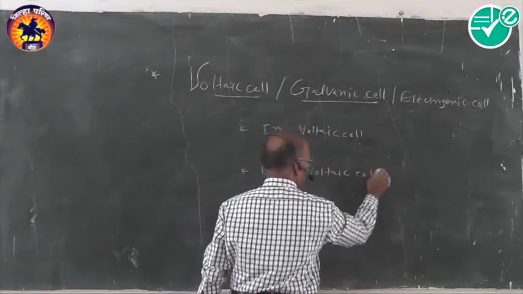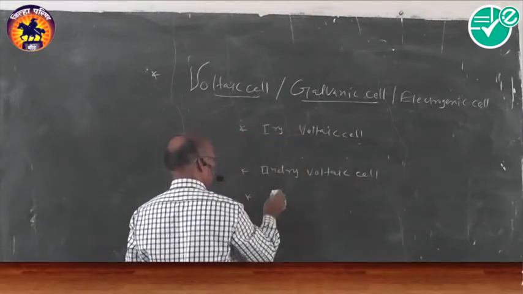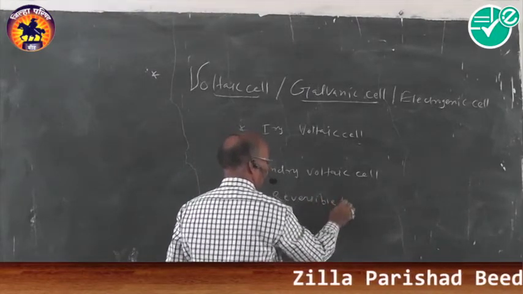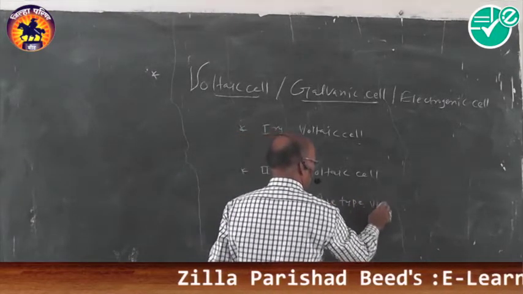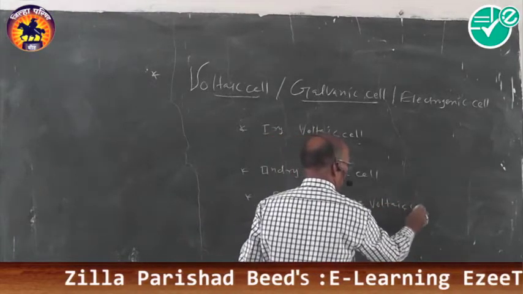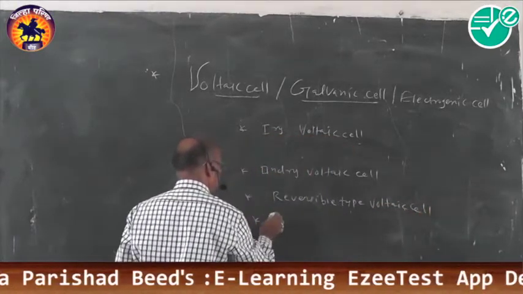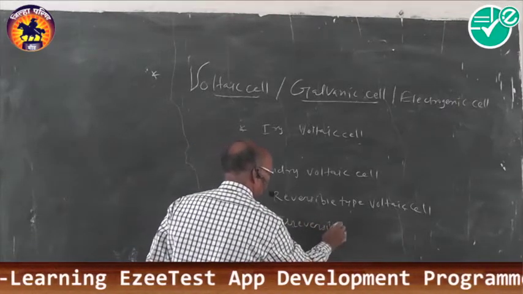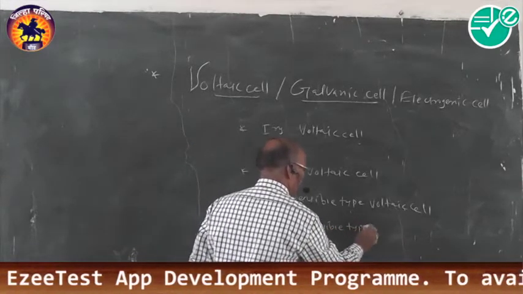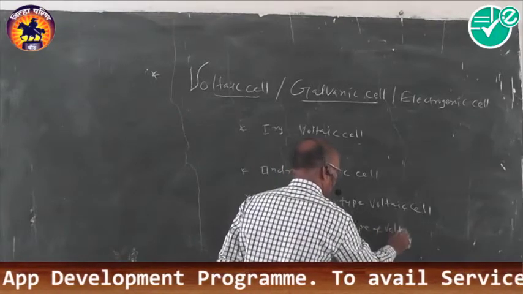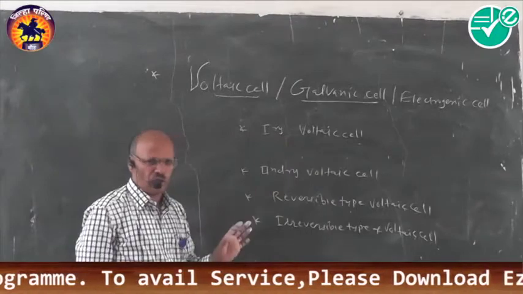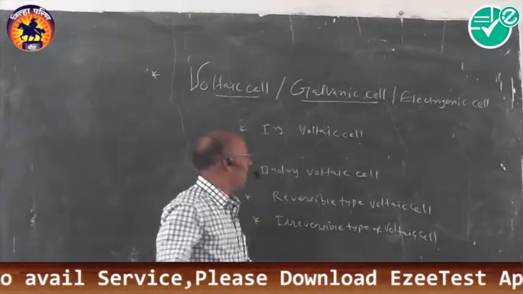Third is the reversible type of the voltaic cell, and the irreversible type of voltaic cell. Their examples are to be asked in MCQs. We have to remember this one here.